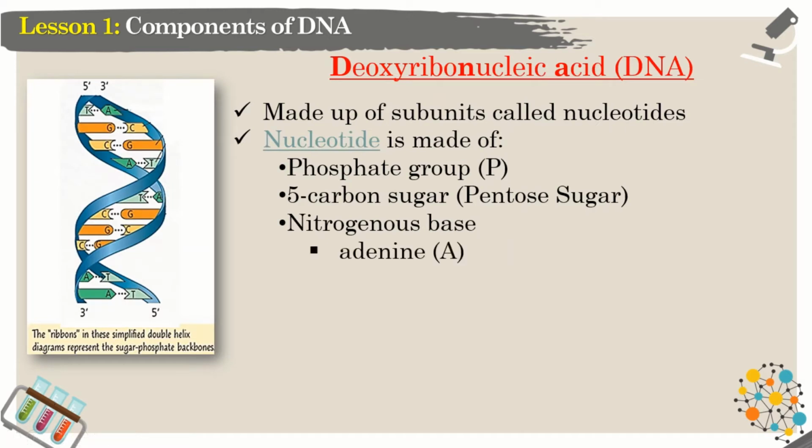Okay. So nitrogenous base has four types. We have adenine, which is denoted as capital A. You have thymine, which is denoted as capital T. Guanine, which is denoted as capital G. And cytosine, which is denoted as capital C. So those are the codes or the instructions given by this DNA.